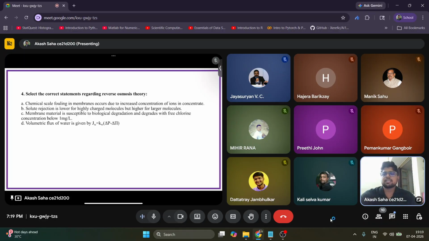Volumetric flux of water is given by Jw equals Kw into delta P minus delta pi. So which of the options are correct?